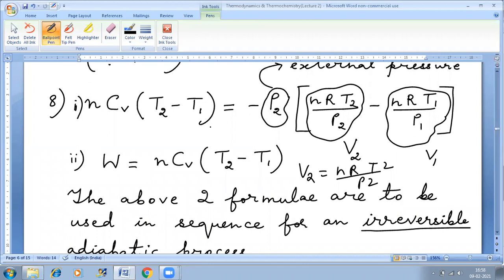So using this equation, we can find out the value of the unknown parameter. For example, if the final temperature T2 is not given to us, then we can find out the value of T2 using this formula. So this entire thing is V2 and this entire thing is V1.